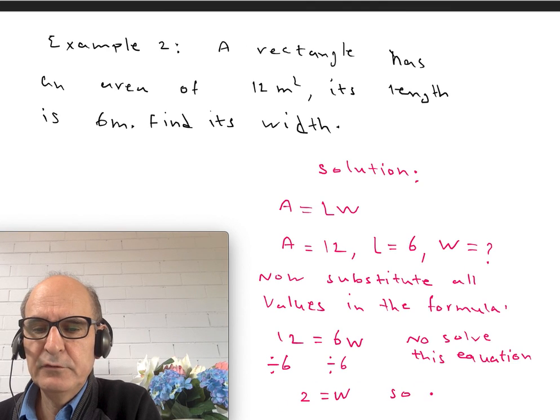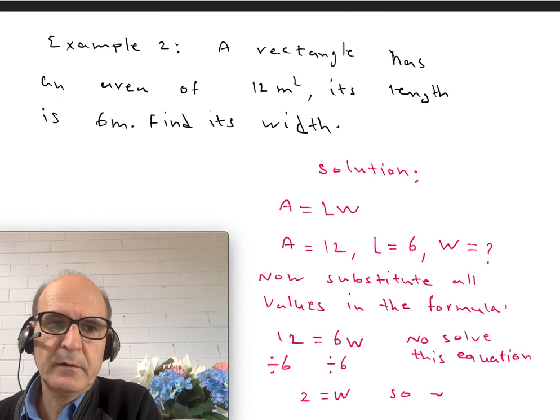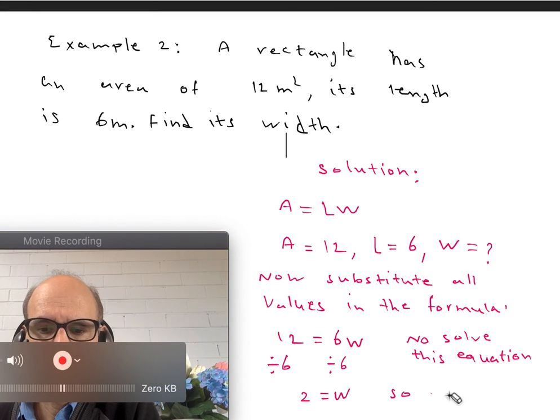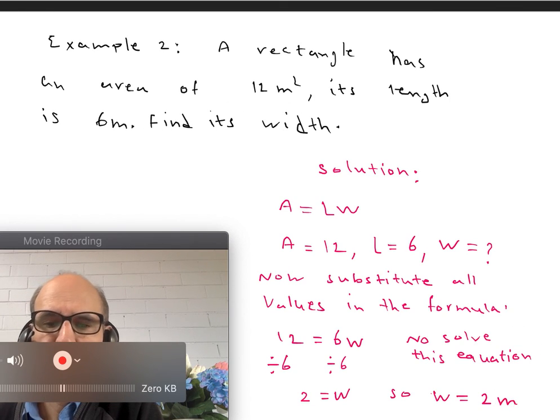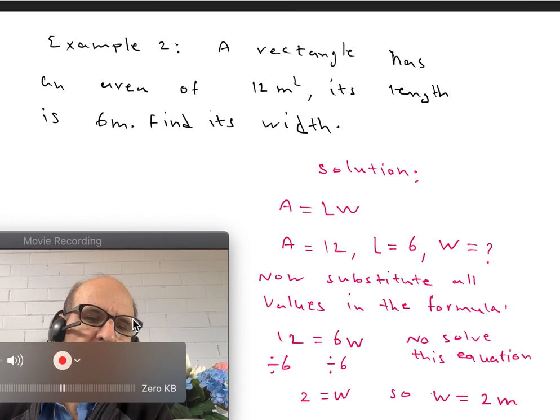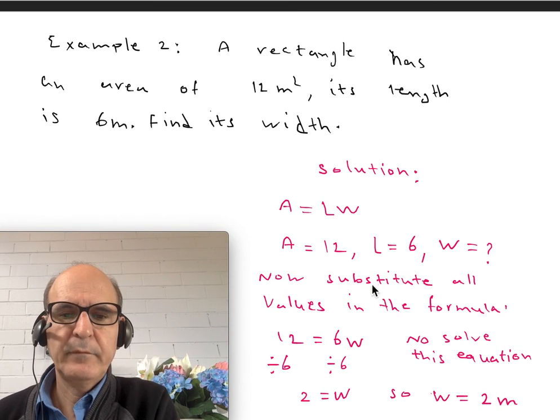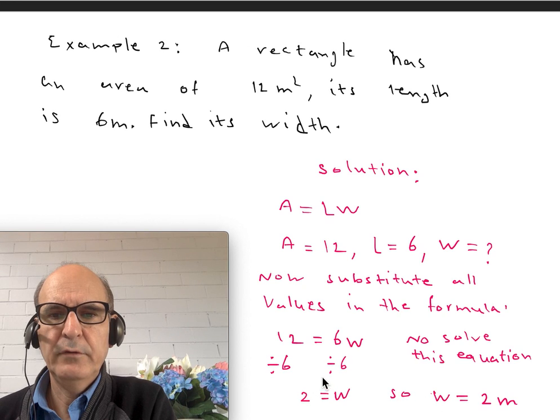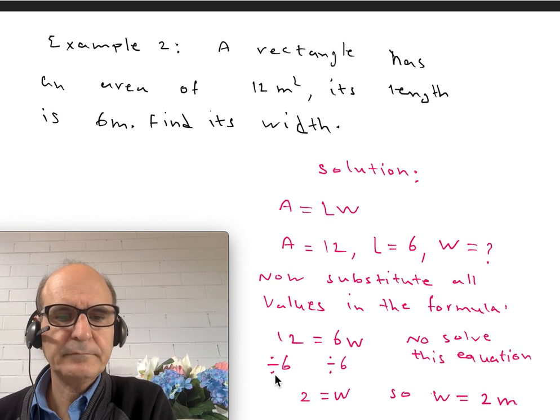So W is 2. W equals 2. Because everything was in meters and square meters, that will be meters. 2 meters. That is how you substitute in a formula and solve the equation to find the unknown variable. Thank you very much for your attention.